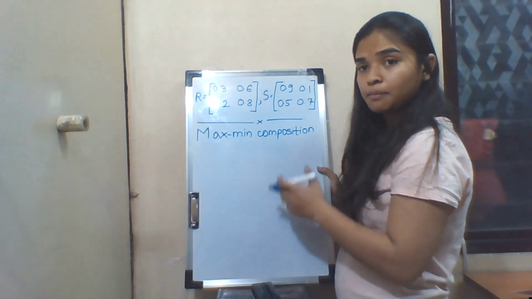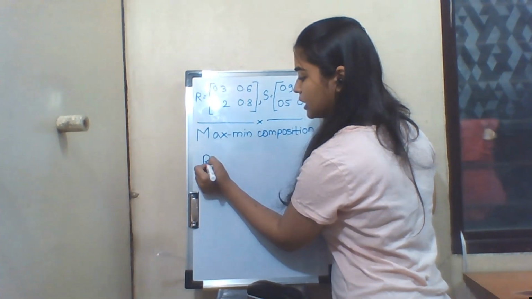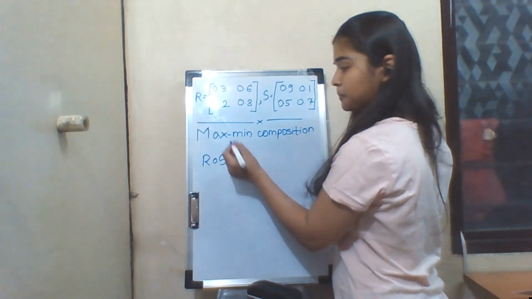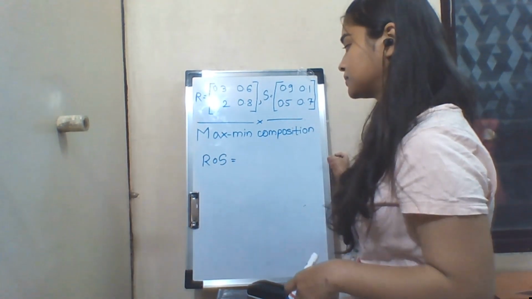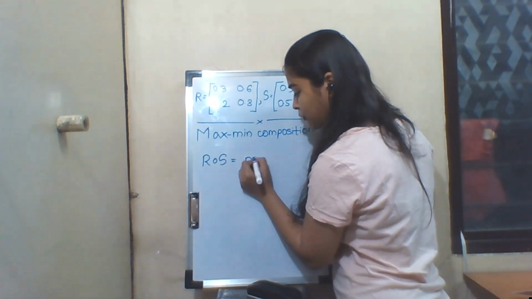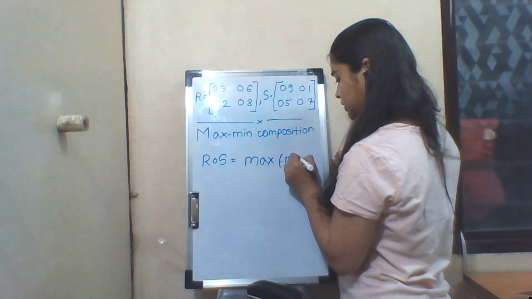So, how to calculate max-min composition? As it is already given in the name, first we take the maximum and then we perform the minimum operation.